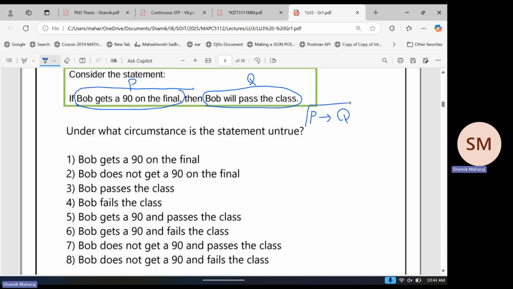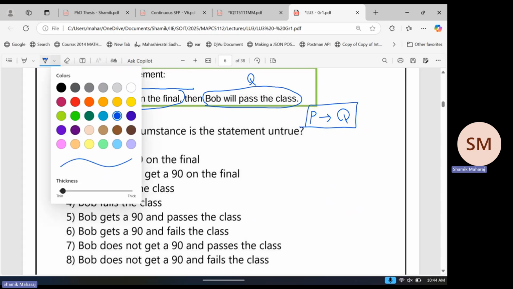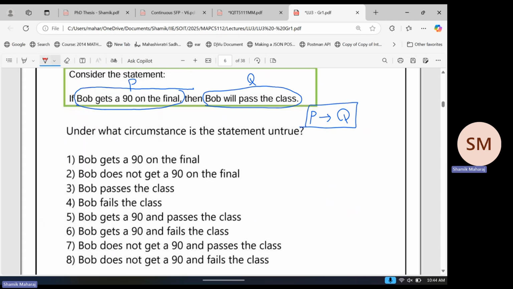Once we have this, we know that the truth value for an implication is given by P needs to be false, or Q needs to be true. Each number here tells us something about whether P is false or Q is true, or both, or neither. So let's do 1, for example. 1 is telling us Bob gets a 90 on the final, so P is true.